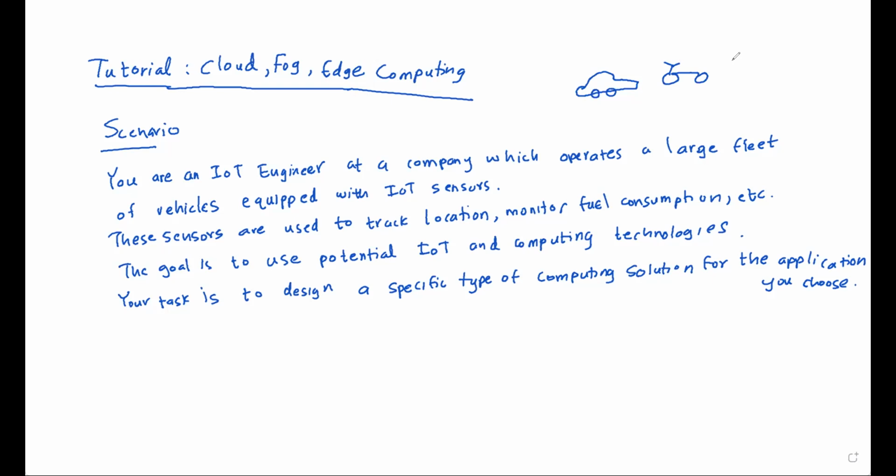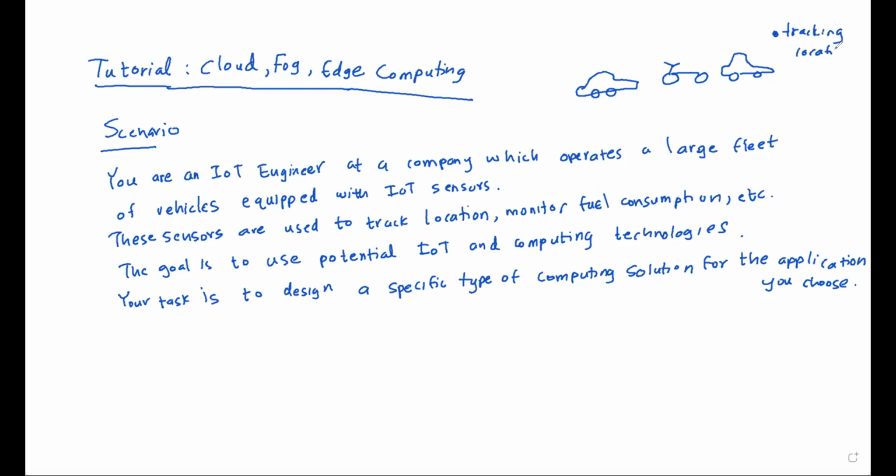Based on the different application, we are using different vehicles, right? So let's assume we have a collection of vehicles. We need to monitor some features of these vehicles. So we can consider three main applications. One application that we can consider is tracking their location. We can track their location.